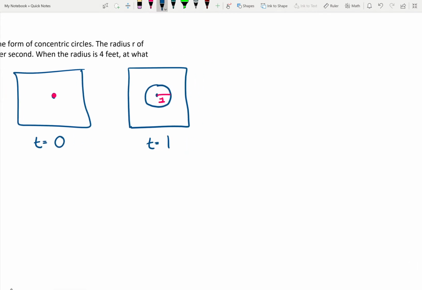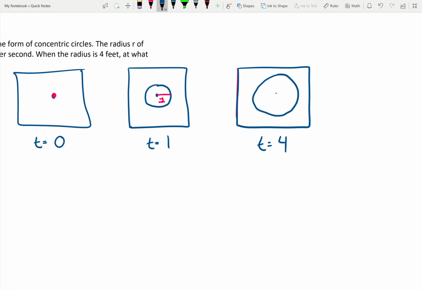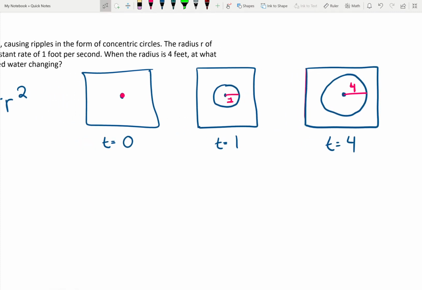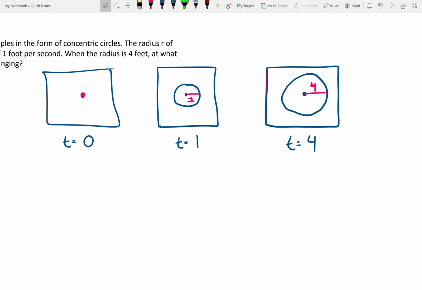And when the radius of my circle has increased yet again, every passing second, the radius is increased by 1 foot. So now the radius is 4 feet.